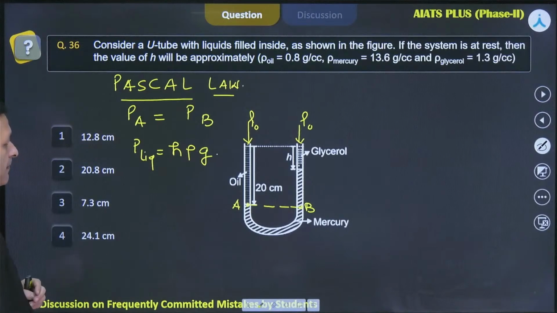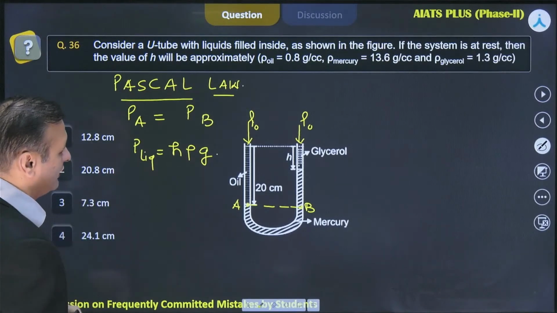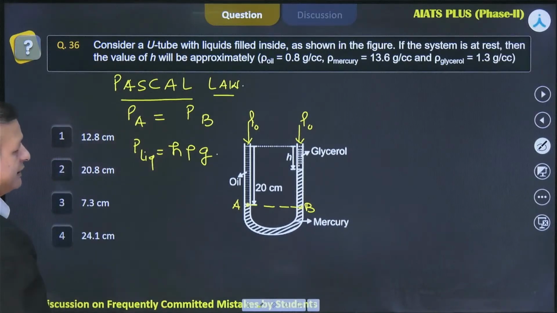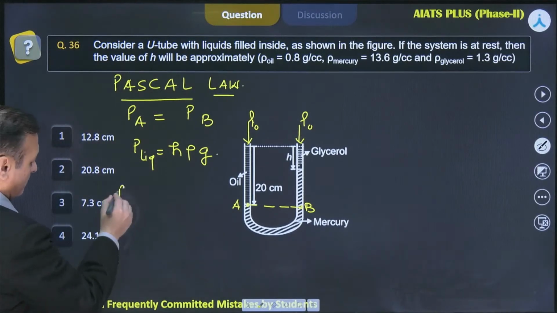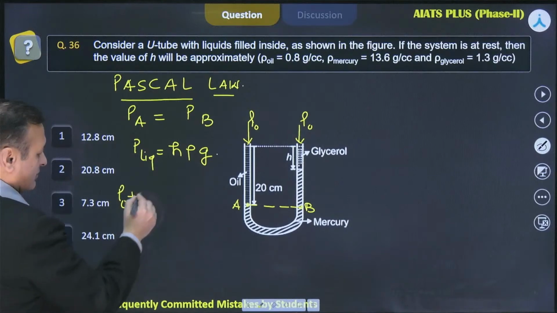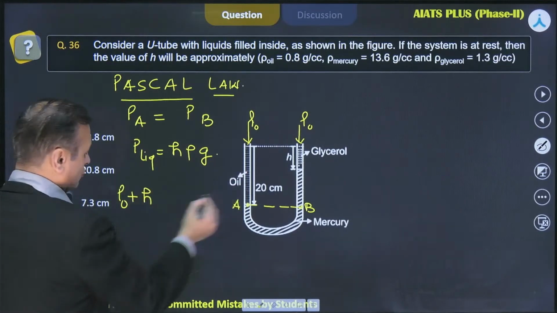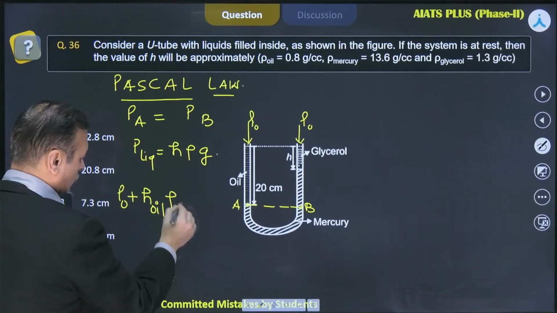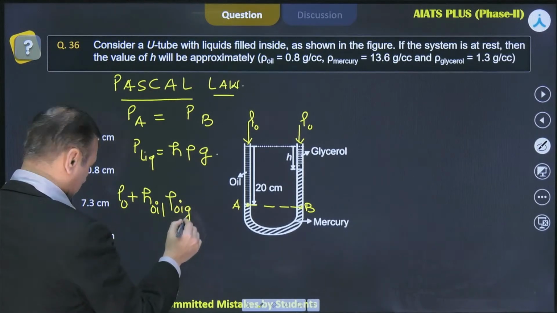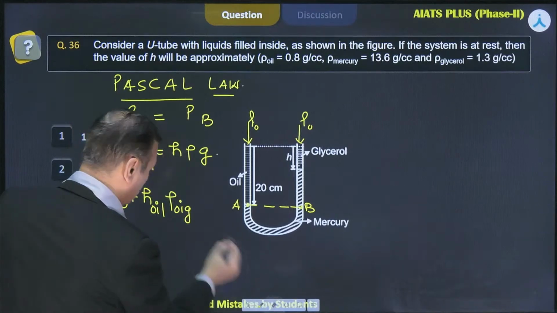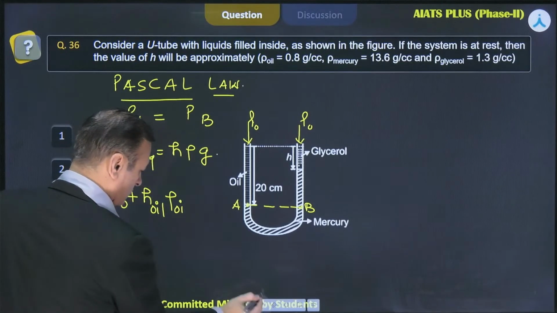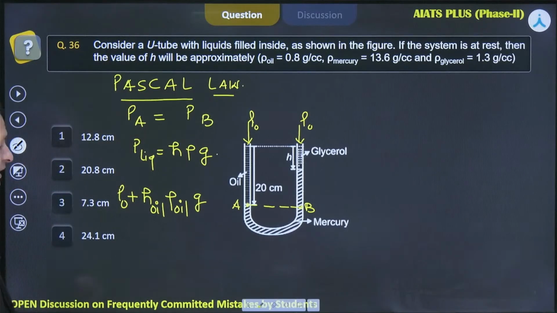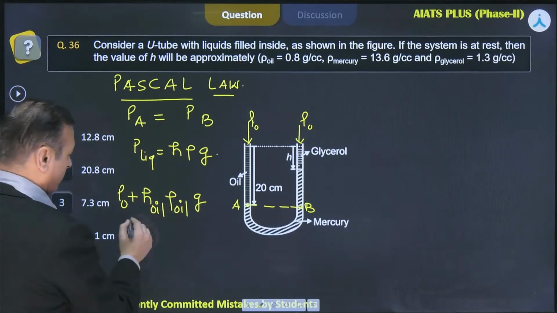Now, what is the pressure at point A? Pressure at point A is P naught plus pressure due to this oil: height of the oil, density of the oil, into G. So this is the pressure at A. Got it?